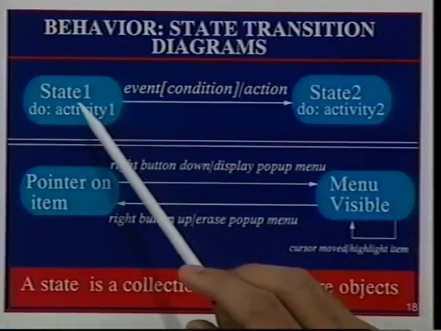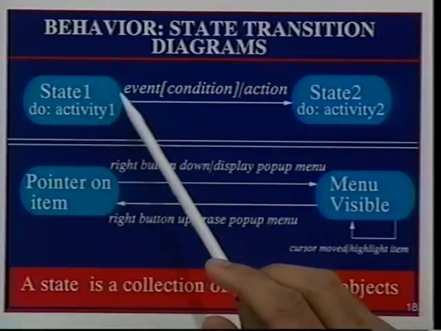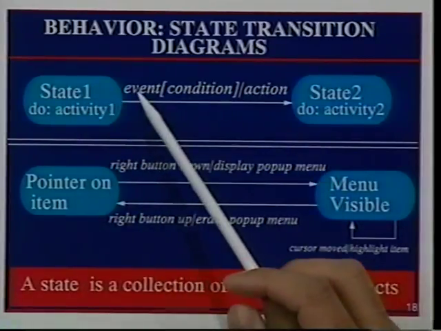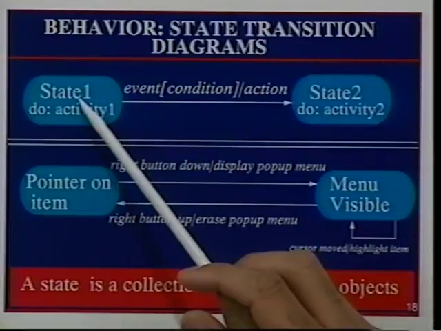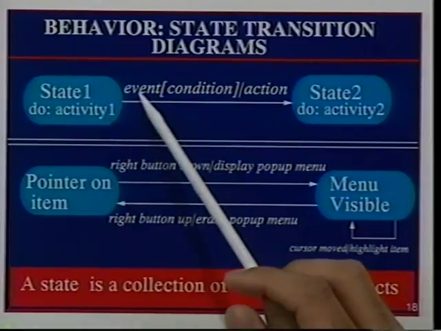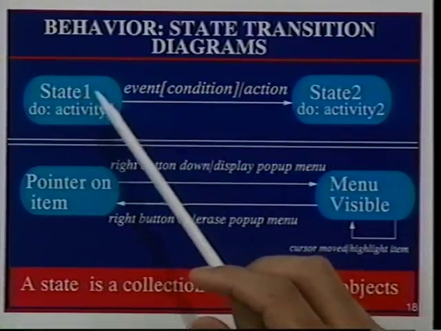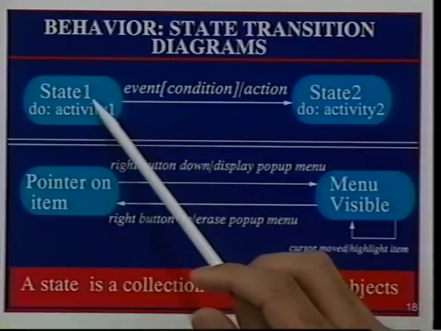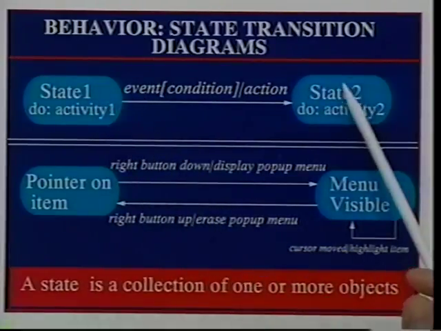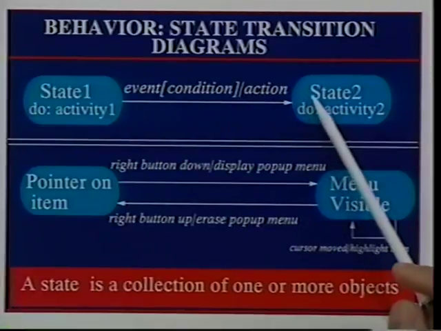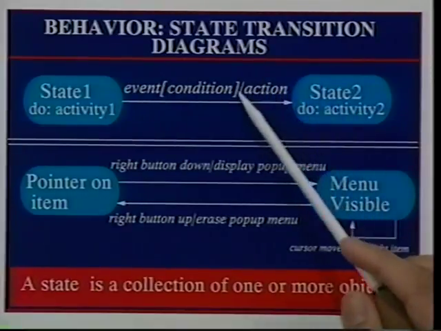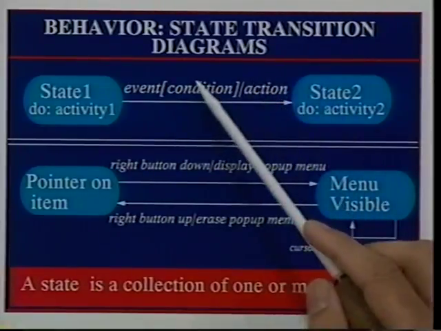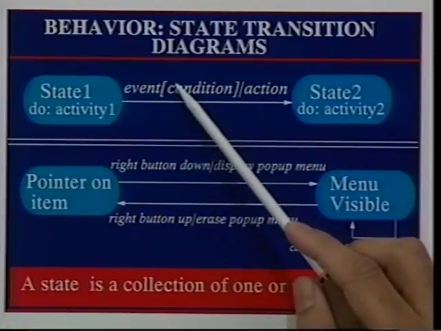Now the way this is represented here is that if some events happen to change this state to this state, for example, if I send a message to this state here in the form of an event, this state changes to state 2. However, while doing this, it might produce an action, or you might have to check some conditions.